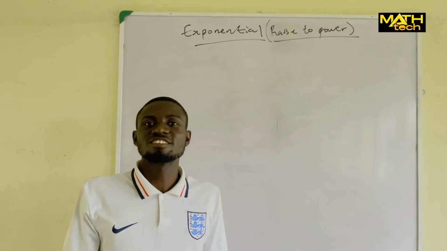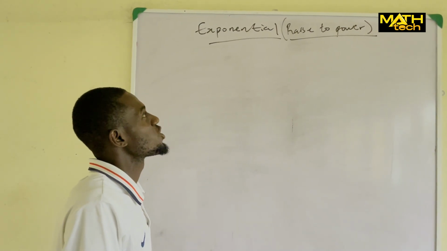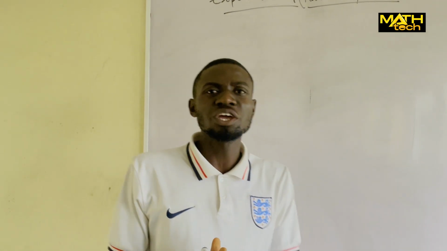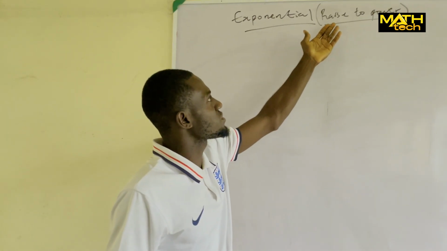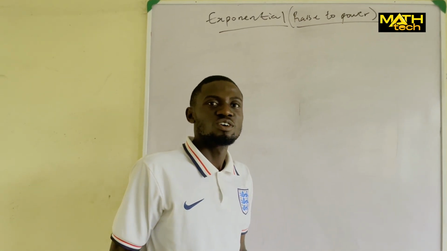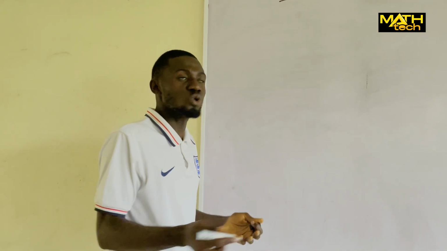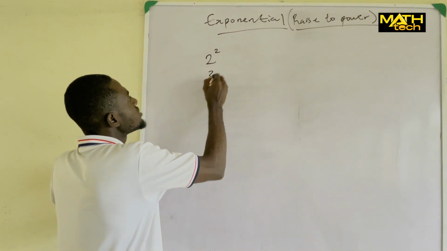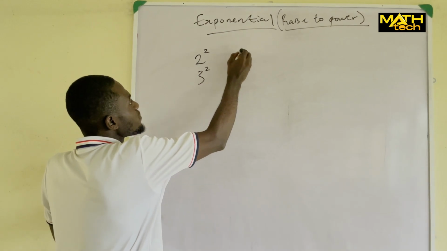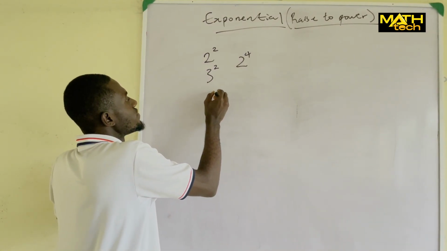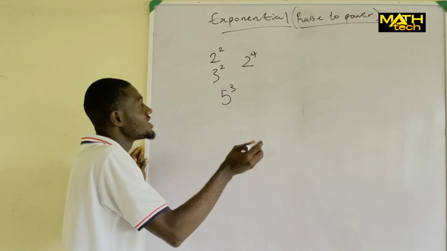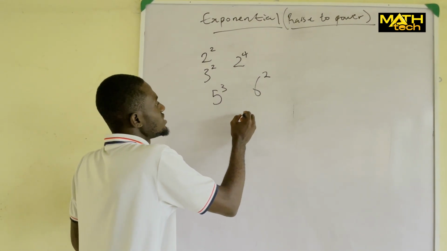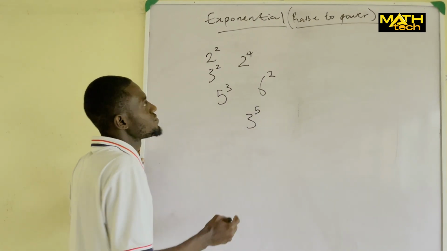This is the last part of this topic called basic arithmetic. And I'm talking about exponential, in bracket I put here raised to power. So we have 2 raised to power 2, 3 raised to power 2, 2 raised to power 4, 5 raised to power 3, 6 raised to power 2, 3 raised to power 5.